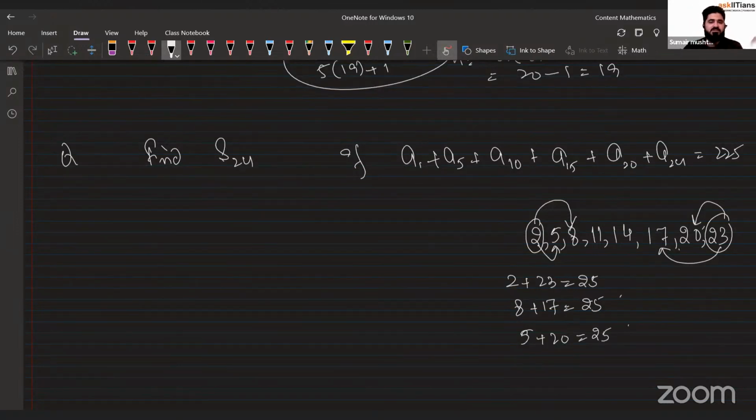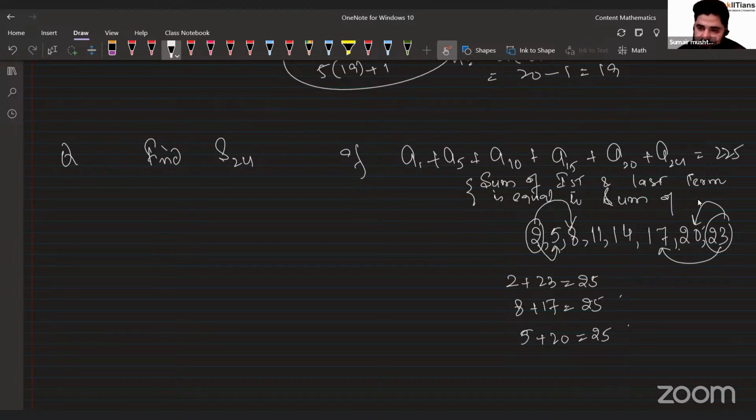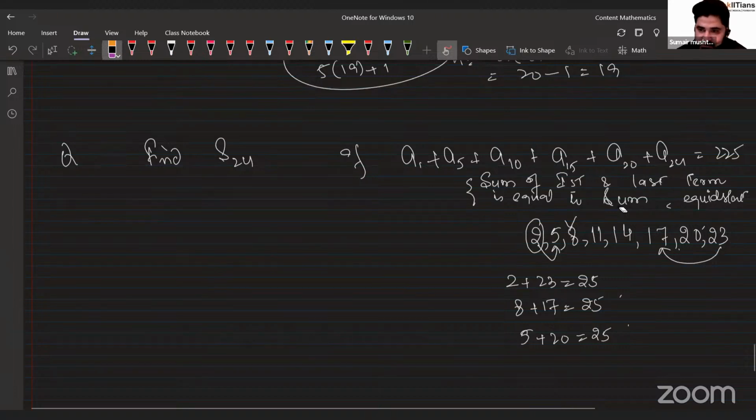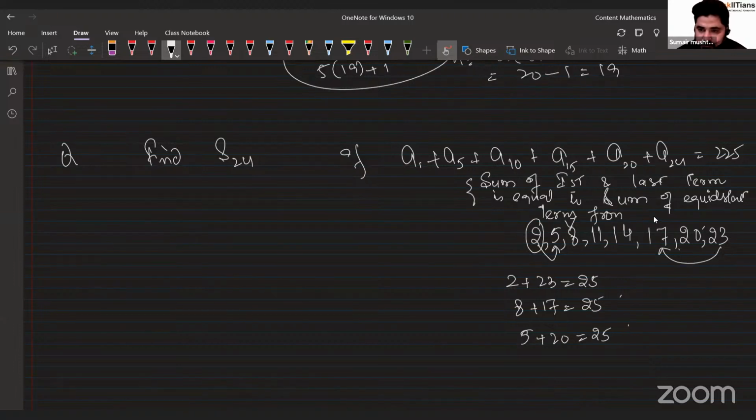So all of these sums are equal. You can take it as a note that the sum of the first and last term is equal to the sum of equidistant terms from the beginning and end.